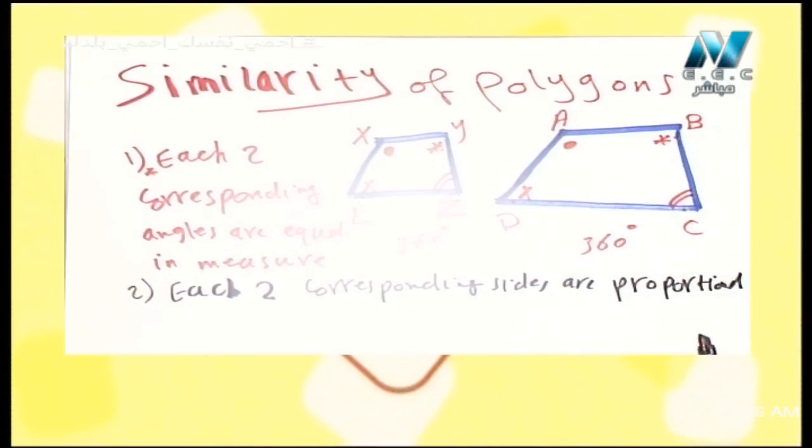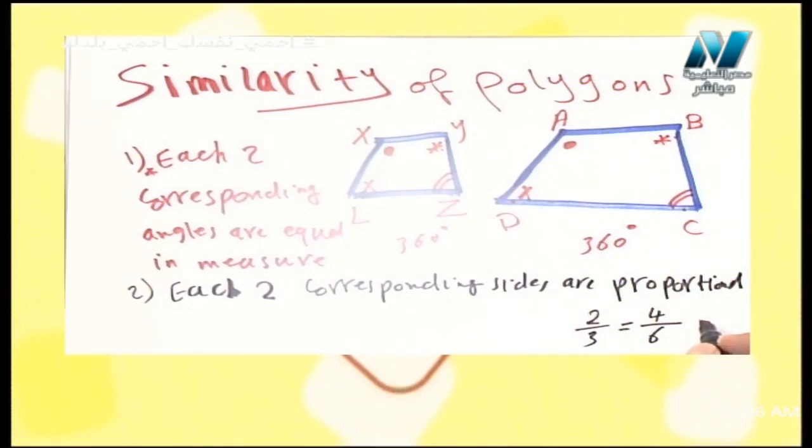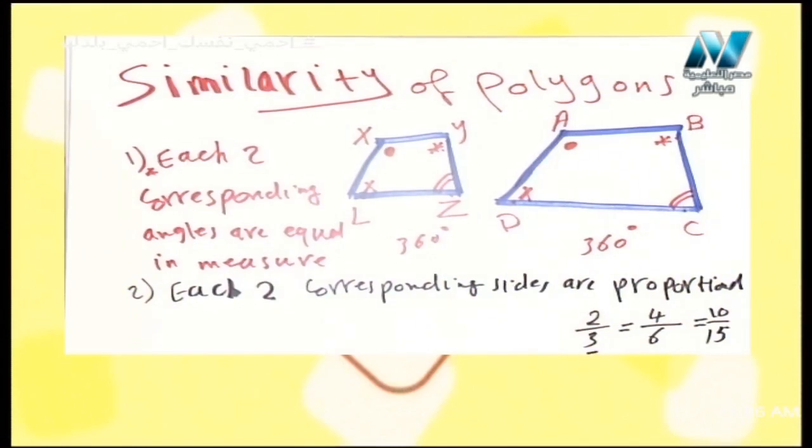We knew from our previous study that if we have a ratio like 2/3, for example, it can be equal to 4/6, and it is equal also to maybe 2 times 5 equals 10 and 3 times 5 equals 15. So this ratio equals this ratio equals this ratio, so they are proportional.